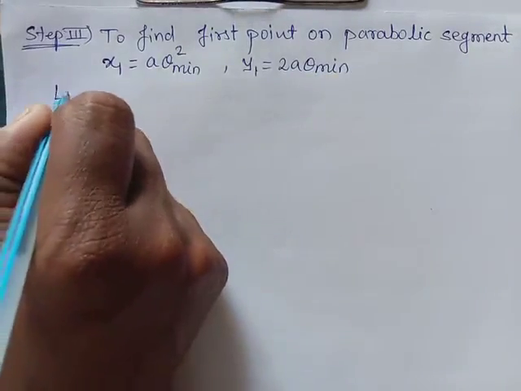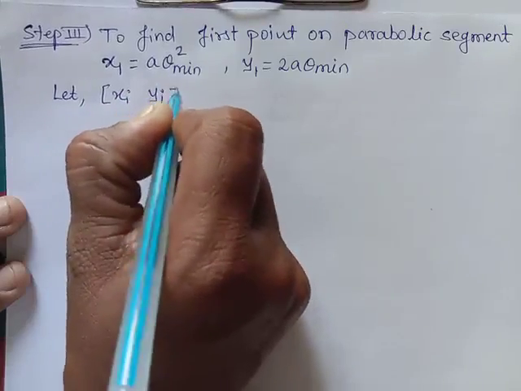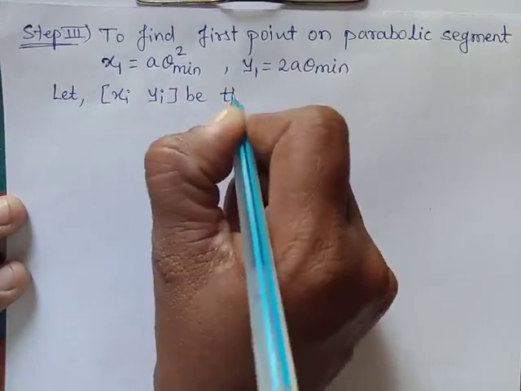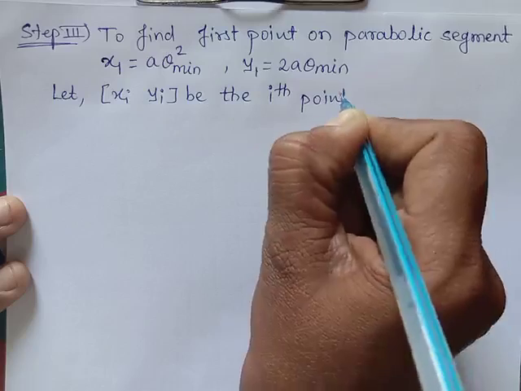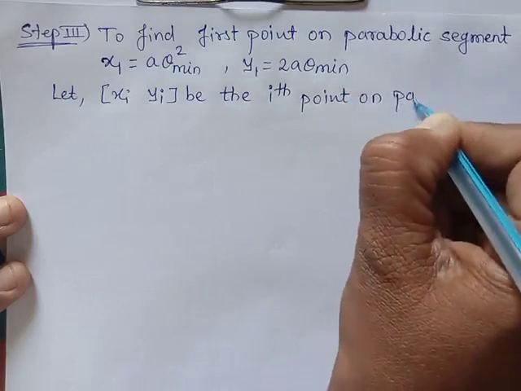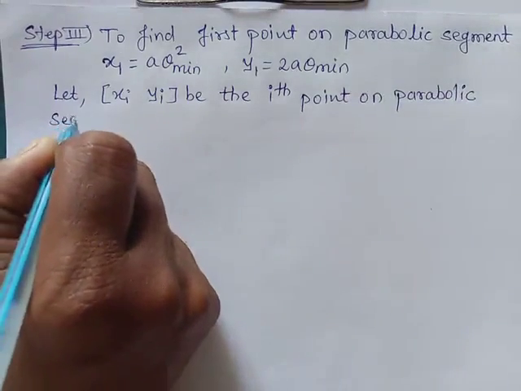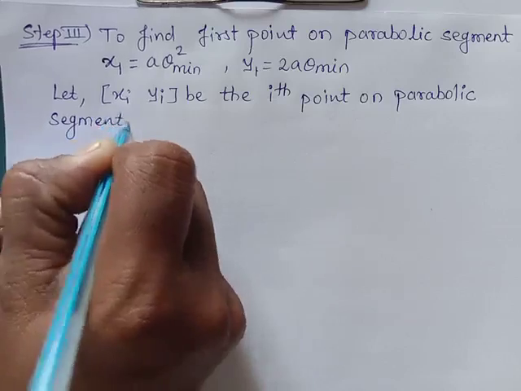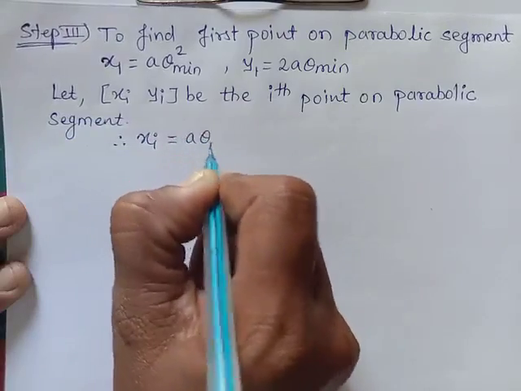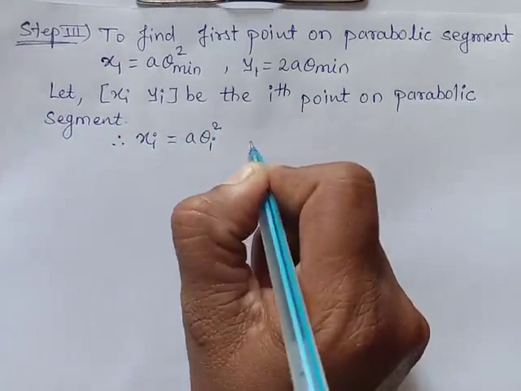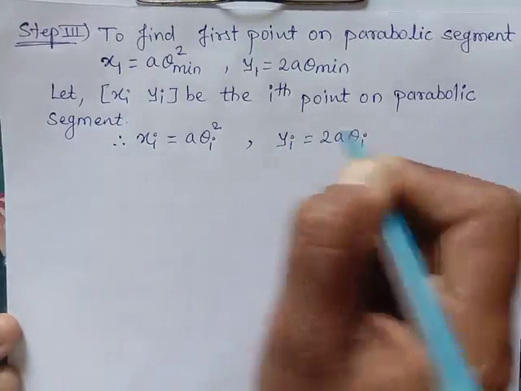Let xi, yi be the ith point on parabolic segment, therefore xi equal to a theta i square, yi equal to 2a theta i.